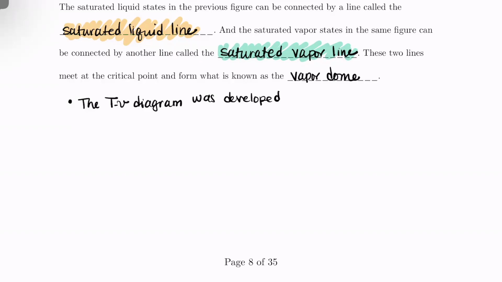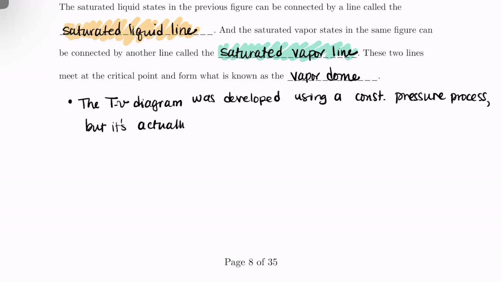So it's developed using a constant pressure process, but it's actually a unique representation of the phase state of a pure substance. So what this curve looks like will change depending on the substance.